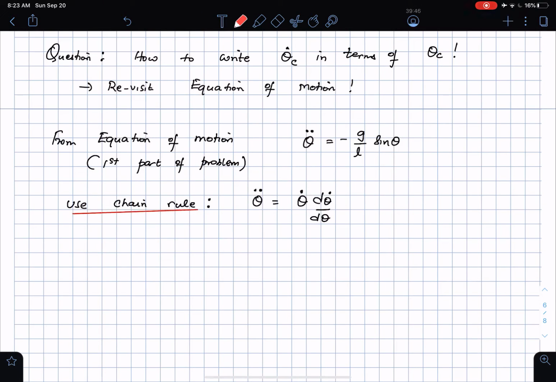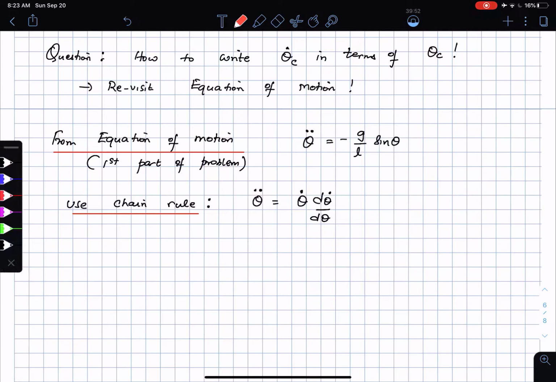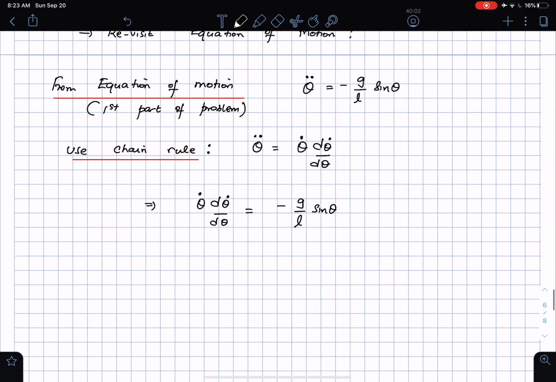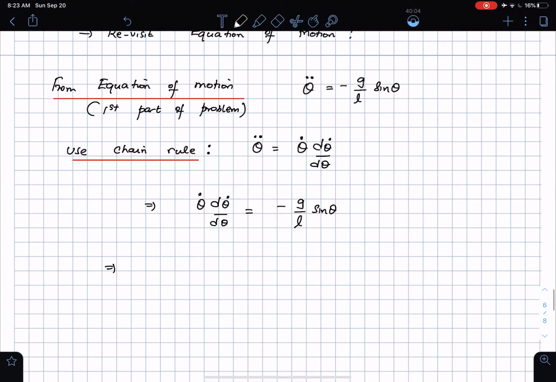So from the equation of motion in the first part of the problem, this is what we had. Then I'll go back to my regular color, so theta dot d theta dot by d theta is minus g by L sine theta, which means I'm going to now do the integrations after cross multiplying. So this is theta dot d theta dot is equal to minus g by L sine theta d theta.